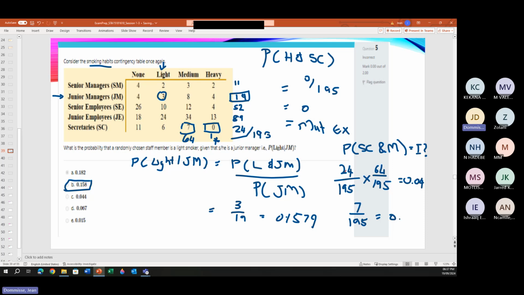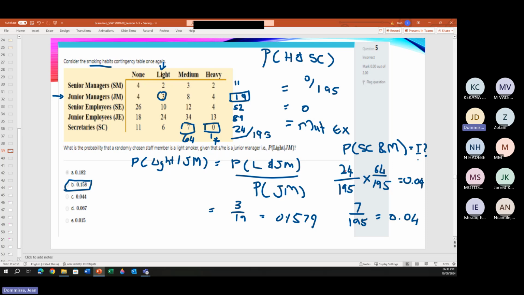Huh, it's actually equal to 0.04. That was tricky, so the two are the same. So secretaries and medium are independent of one another. That's just weird that it worked out like that.